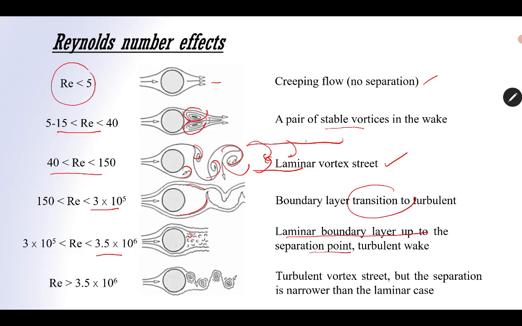We can start to see eddies occur here, and for the turbulent case, the separation is smaller than for the laminar case. So this is an example of the condition where turbulent flow occurs when the flow goes over the obstacle.